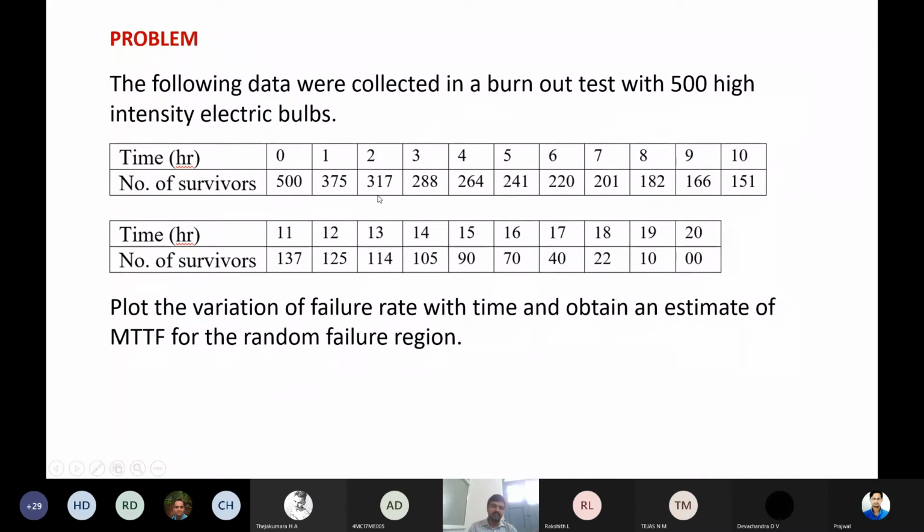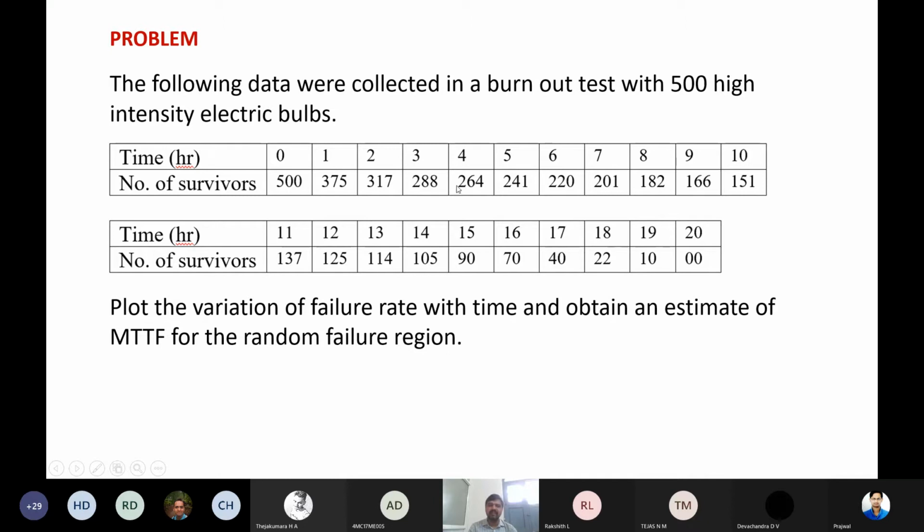How many have failed in the time interval between 1 to 2? 375 minus 317, that is 58. Similarly, for 2 to 3 you subtract 317 minus 282.